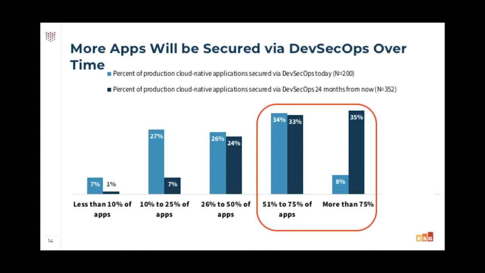Fortunately, since organizations really are planning to embrace DevSecOps and expand their use cases from pre-deployment and runtime or vice versa, the good news is that the percentage of applications that will be covered over time really increases dramatically, right? We go from 8% that are going to cover more than 3/4 of the applications today to 35% in 24 months.